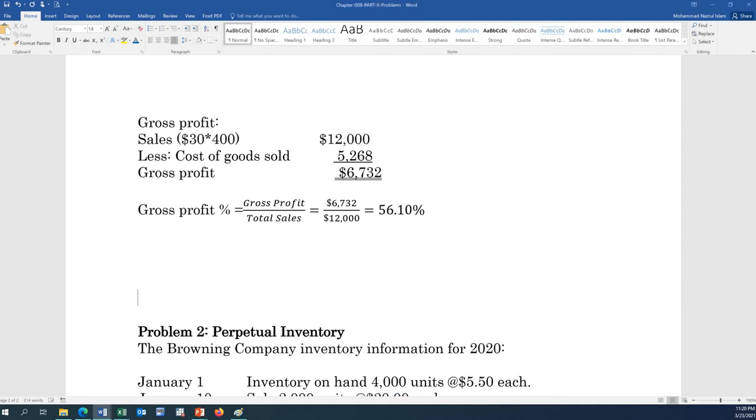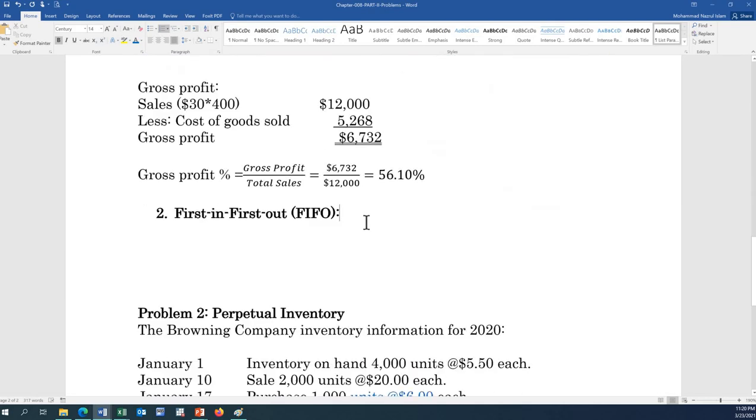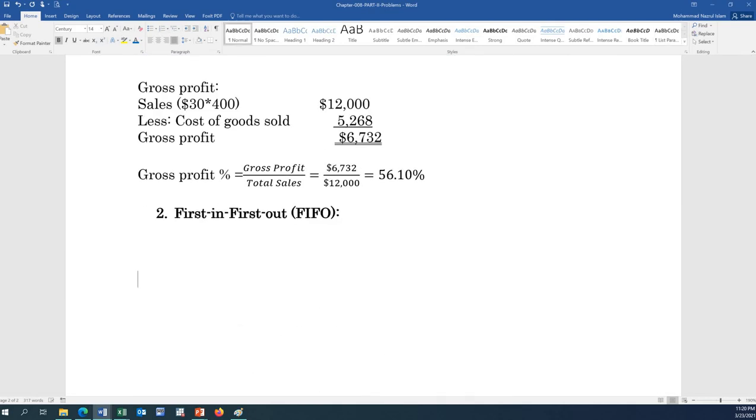Okay, we are done with this, and now number two. First in, first out, that is FIFO. Let's see what we do under FIFO. We need to calculate the cost of ending inventory first.